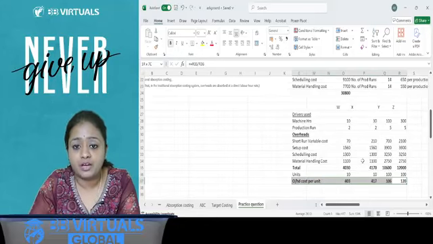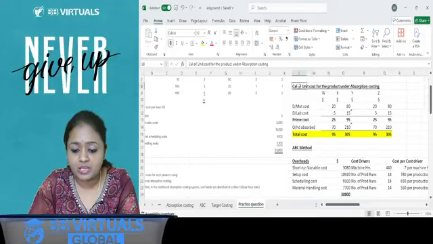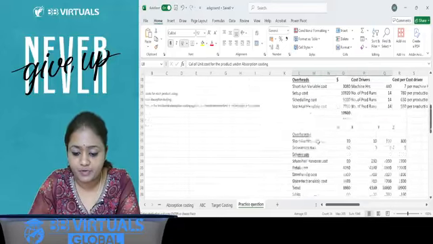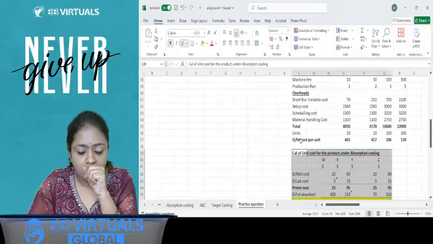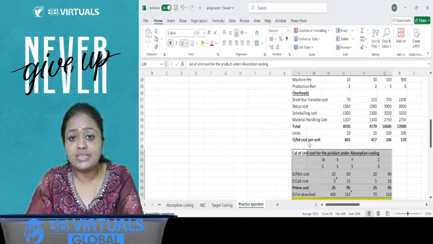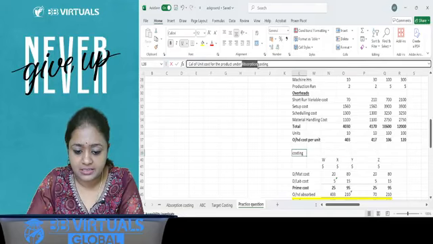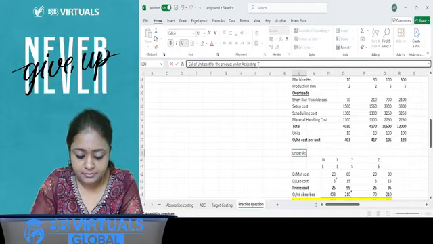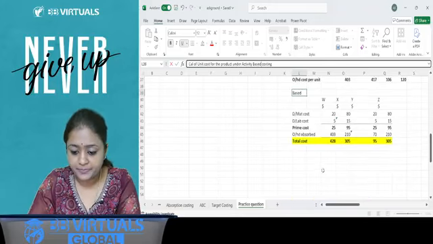Now let's take it to the product cost. When we were preparing the cost sheet, I will just copy this format and recalculate it with ABC. So let's calculate the unit cost under activity based costing.